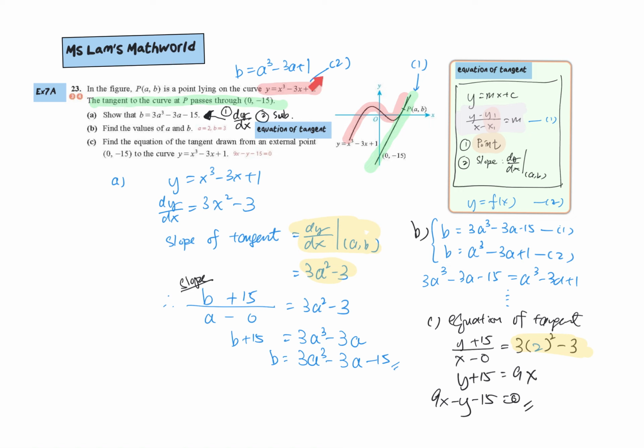Whenever you see this, you will immediately start to differentiate, and then substitute it into the equation of tangent and see if they are equal. After that, we just do it as before. Solve it and find the points of contact, and then we can find the equation of tangent as usual.